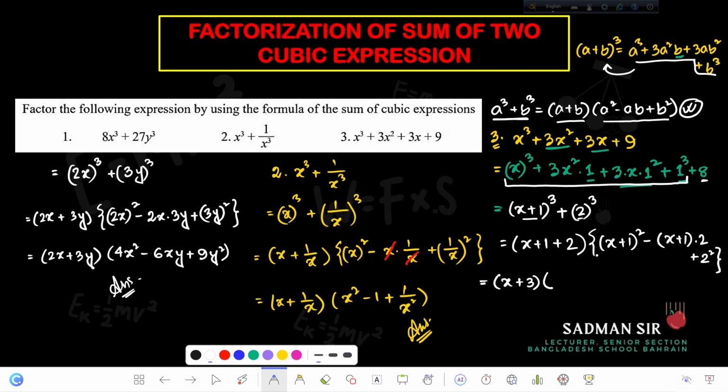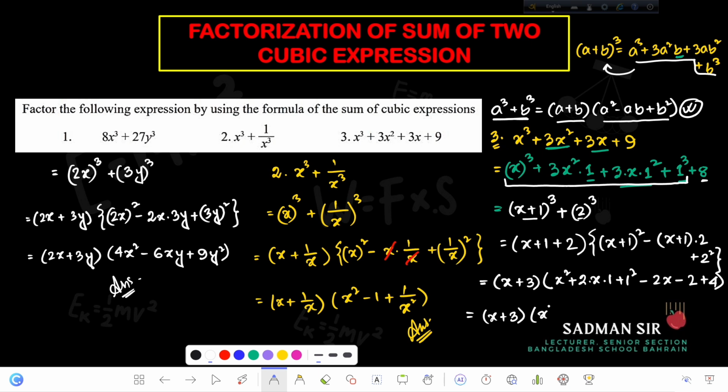Let us do that. A plus b whole square is a square plus 2ab plus b square, minus 2 into x, 2x, then minus plus minus, so 2 ones are 2, plus 2 square is 4. Okay, simplification.